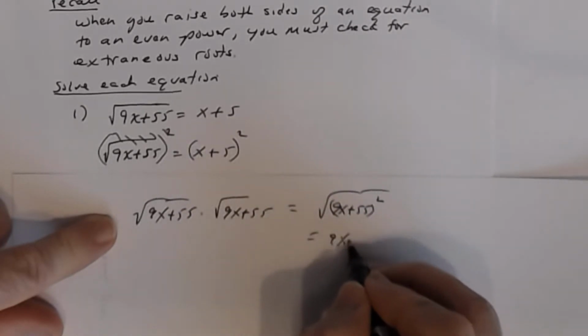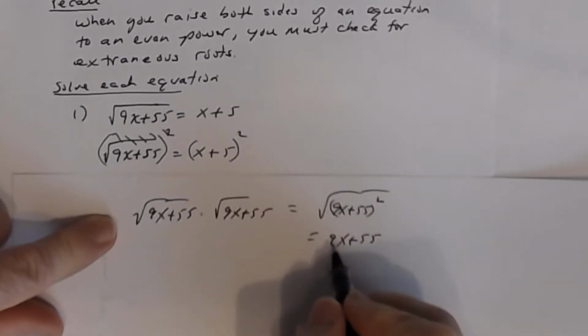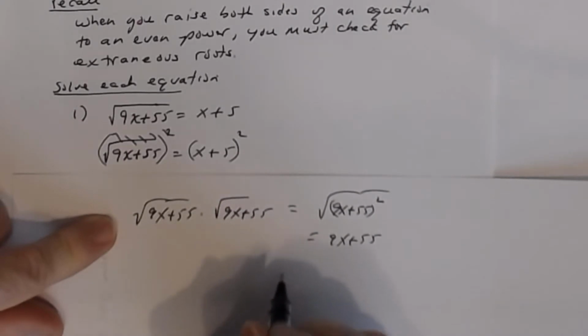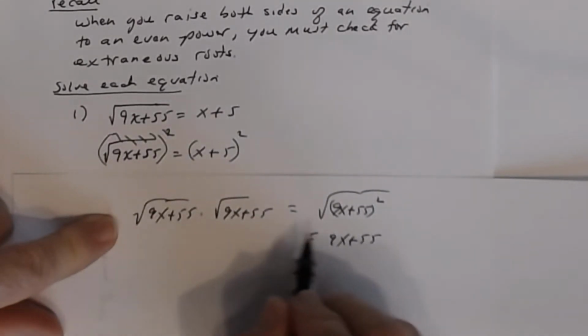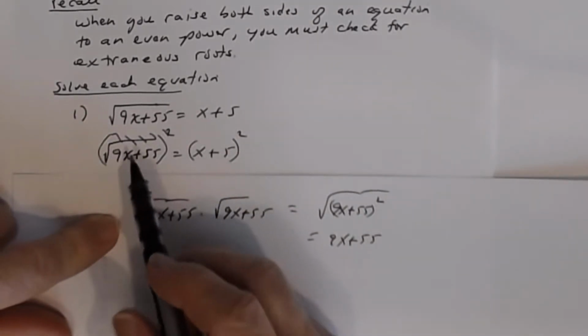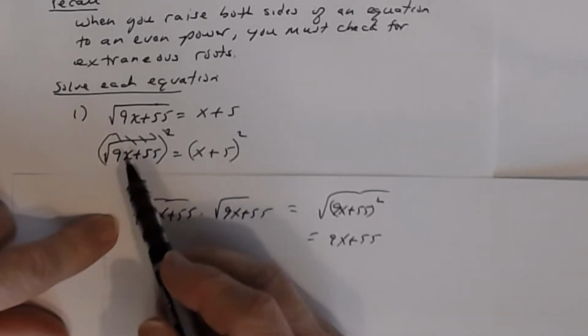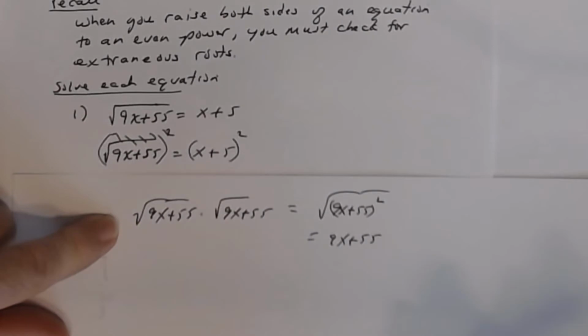So that's just 9x plus 55. It kind of makes sense because the square root of 9x plus 55 times itself is 9x plus 55. So that's something you learned in a previous lesson. But many students just think of this as the square root and the square function undo each other, and so you're left with the radicand.